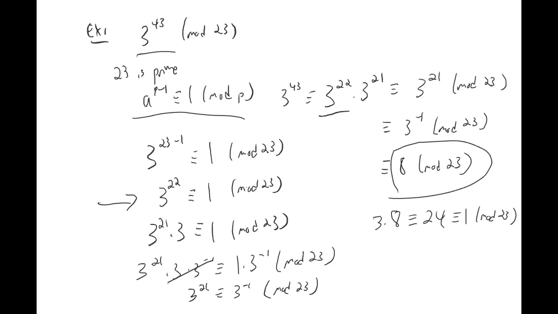Let's do 2 more examples. I think you have some of these on your homework too. So mod 7. Let's do one more prime, and then we'll move to non-primes. So what do I know from here? There are a few ways to simplify this.